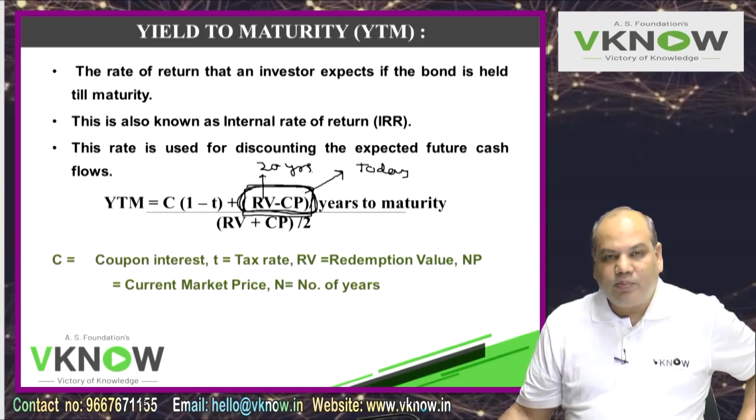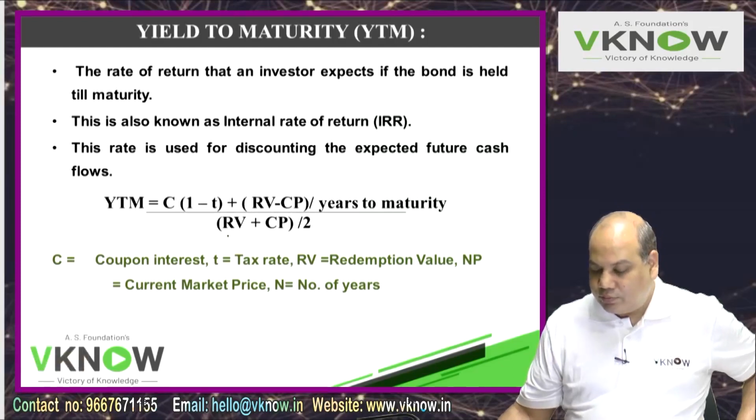Because comparing two numbers, one which is today, the second which may be after 20 years, and then just taking the difference and dividing by N, means there is a serious violation of time value of money. Similarly, in the denominator also, we are taking the average of coupon and redemption value.